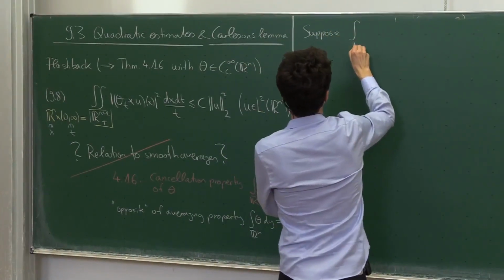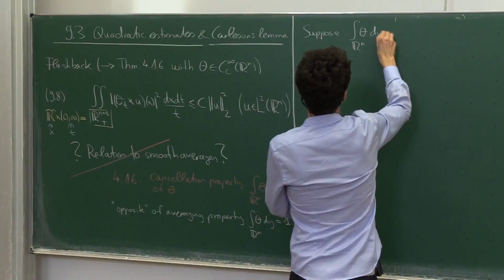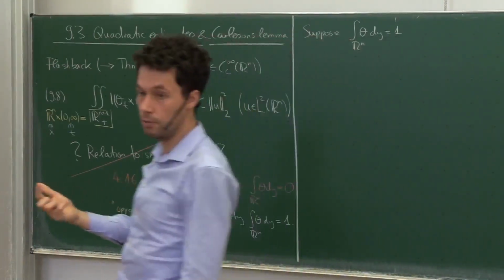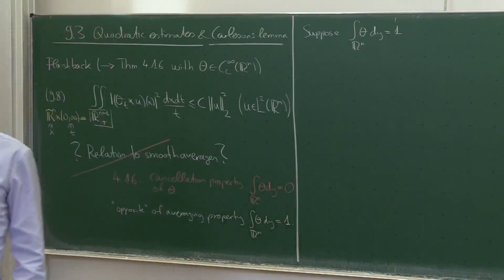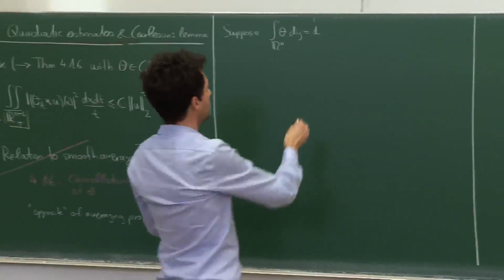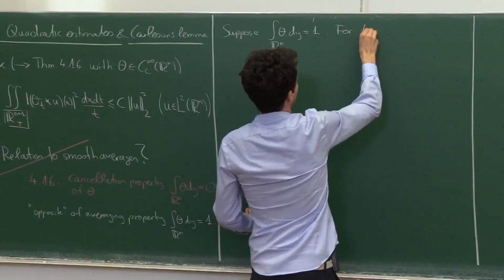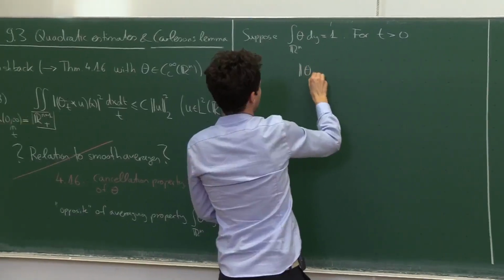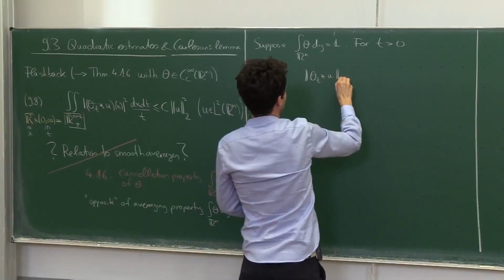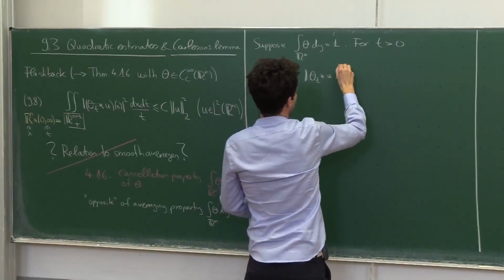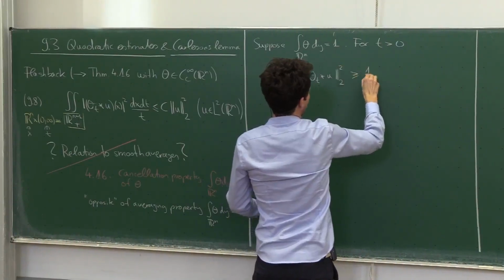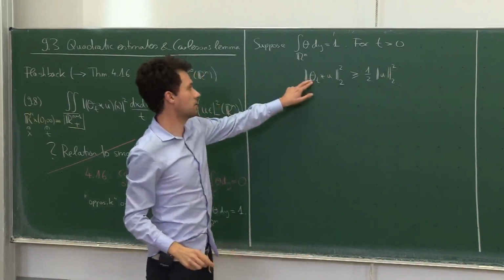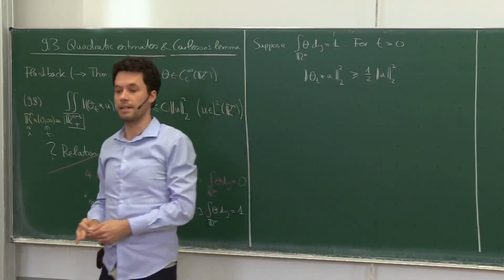because suppose that theta would be related to averaging, then you know that the mollifications of u converge to u in L2. Okay, so given u, if t is small enough and u is not 0, then I'm going to have that the L2 norm squared of theta of t convolution with u is going to be larger than one half times the L2 norm squared of u, just because this converges to this in L2 norm.